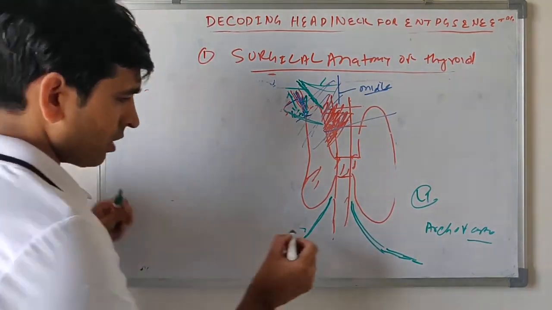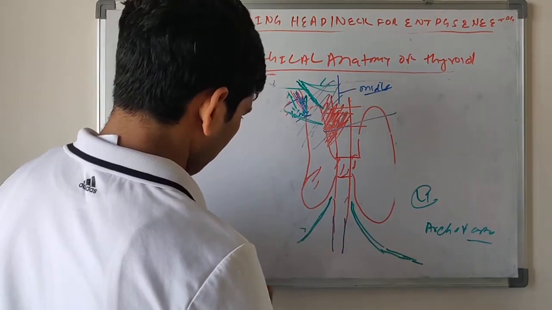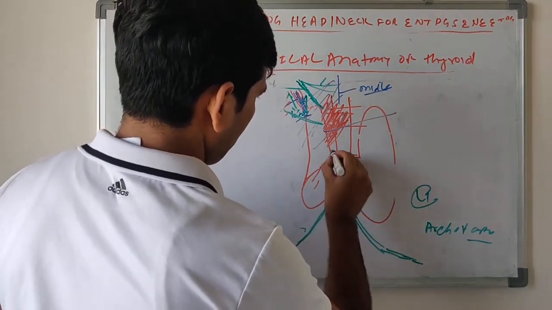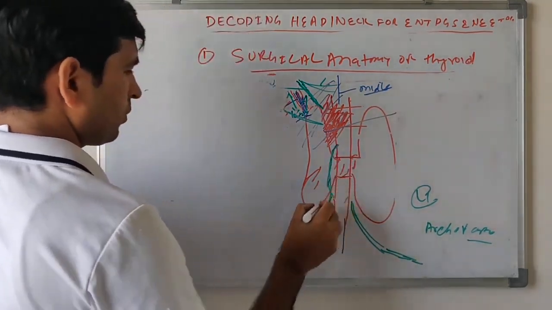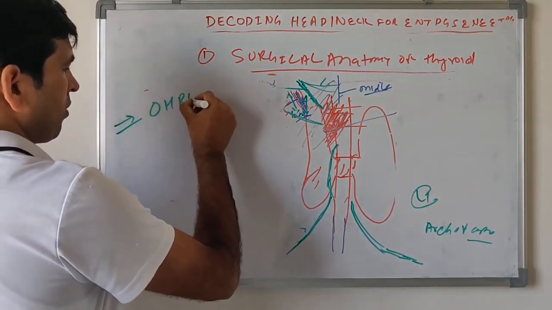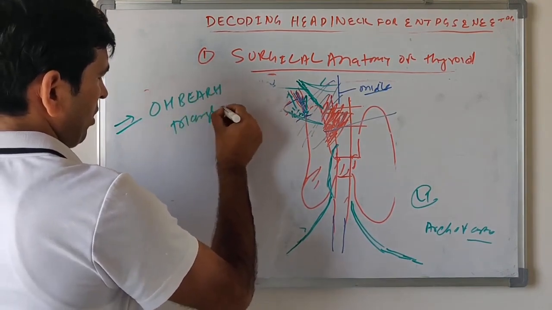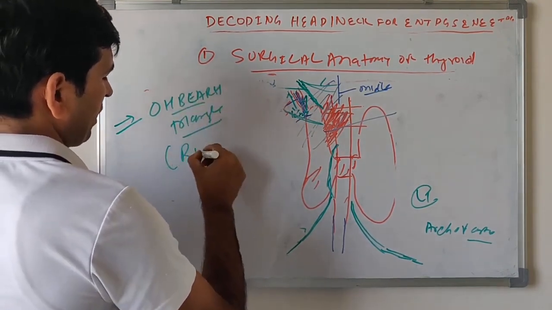So this triangle here is Weiss triangle, or you may say Riedel's triangle.